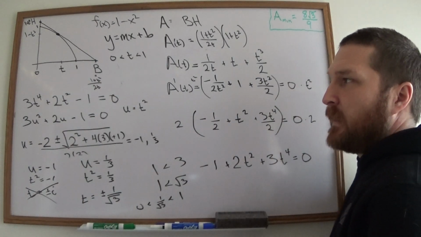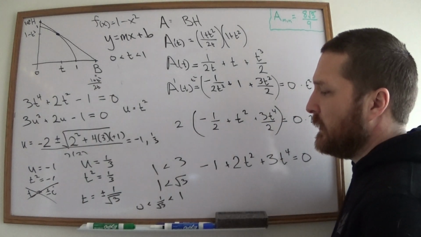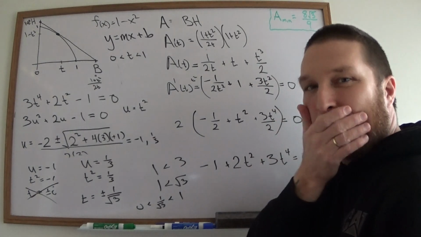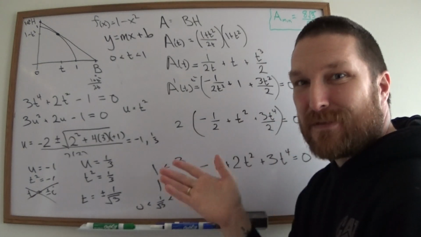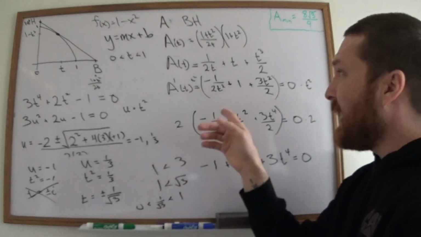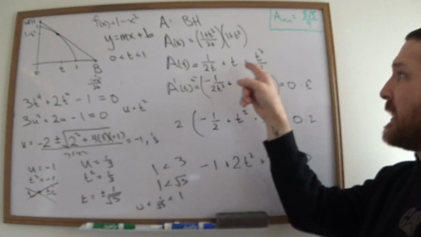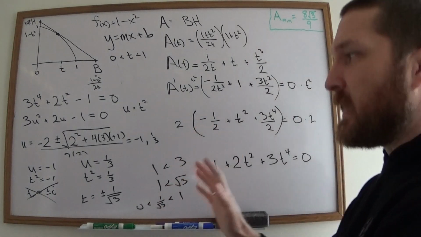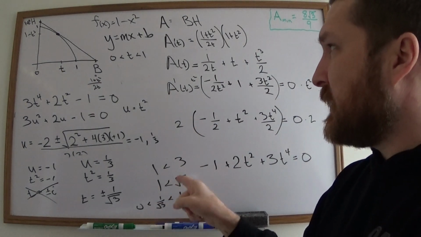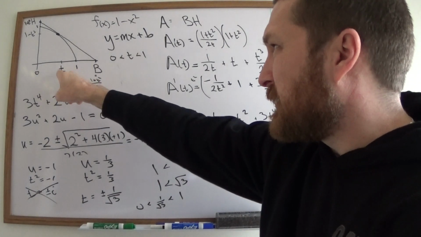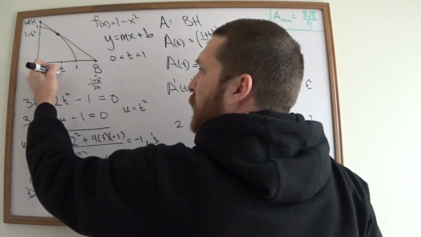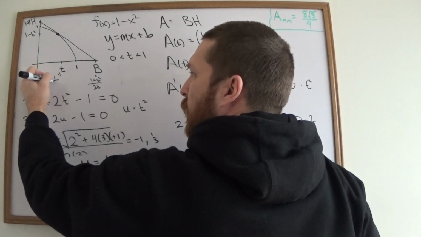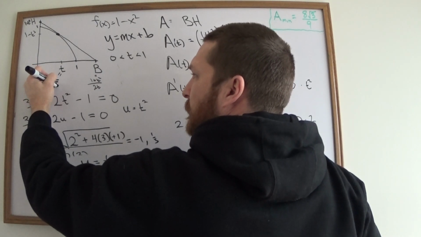Now, is it a min or a max? At this point, after doing all this work, I'm not even going to bother to check. I really don't feel like taking a second derivative and plugging this stuff in. It just makes sense now that I found that t, the sweet spot here, which I'm going to write as positive 1/√3.